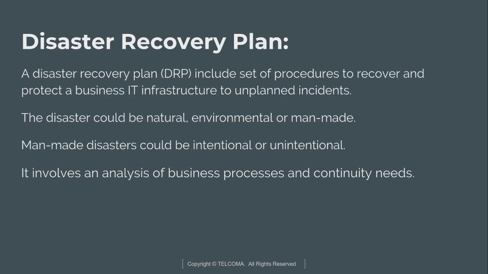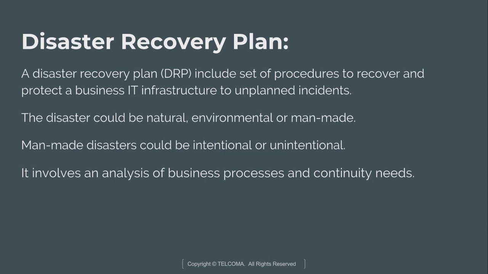Next is, what is a disaster recovery plan. A disaster recovery plan includes the set of procedures to recover and protect a business IT infrastructure from unplanned incidents. The disaster could be natural, environmental, or man-made. And the man-made disaster could be intentional or unintentional.